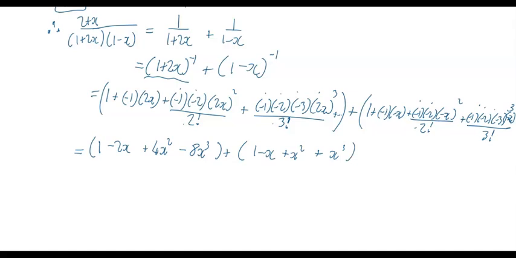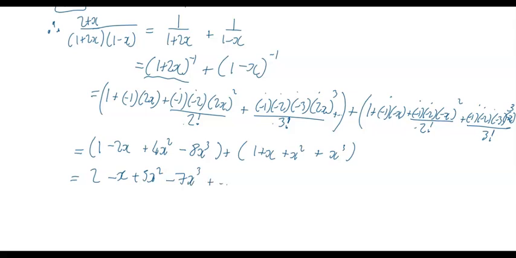And that is it. Okay, tidy that up. You're going to have 2 minus, oh, that should have been a plus x there. Sorry, that's a plus x. So 2 minus x then, plus 5x squared, and then minus 7x cubed, and so on.